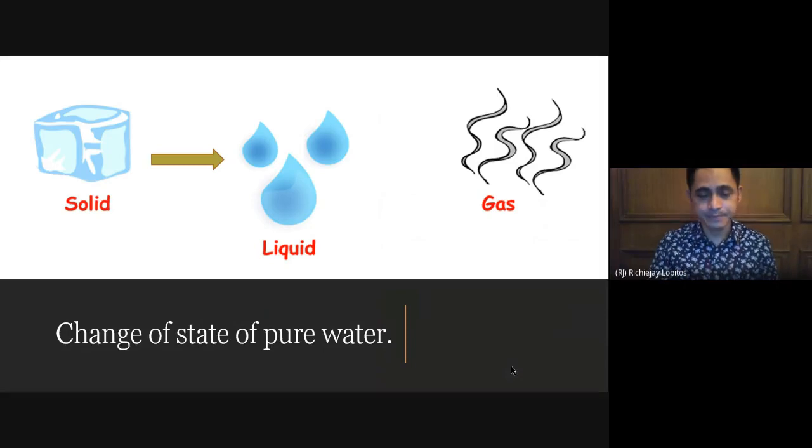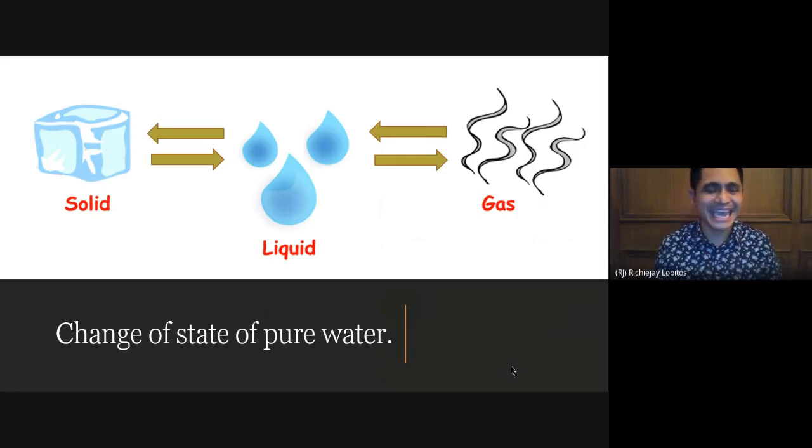A solid, for example, can change state into liquid. And liquid can change state into gas in the form of water vapor. And vice versa, this water vapor can also change back to liquid in the form of rain. And this water can also turn back to ice.